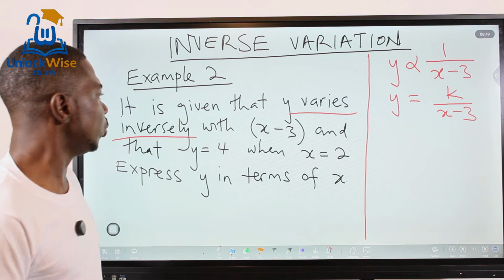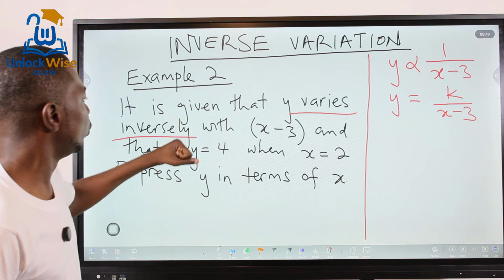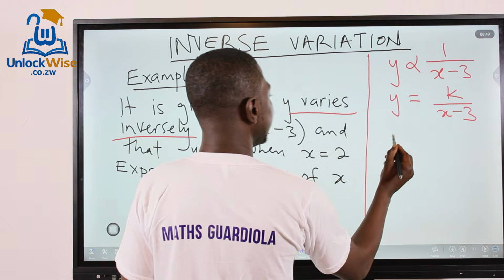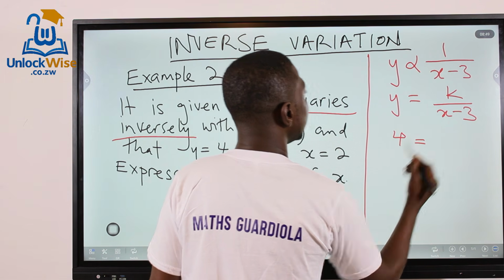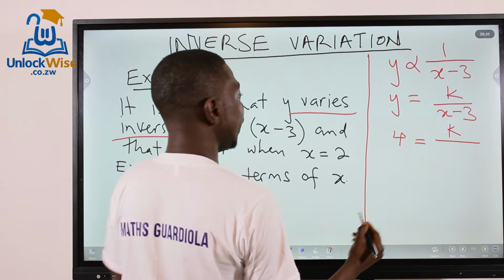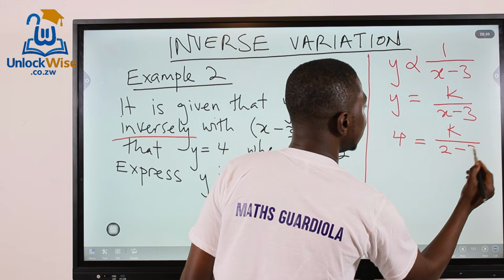So what you do now is substitute the value of y, which is 4, equals k over, what is my x? 2 minus 3.